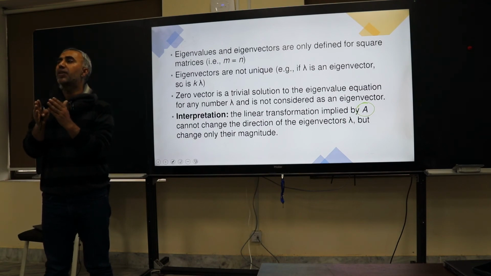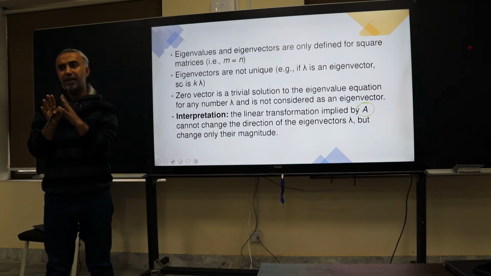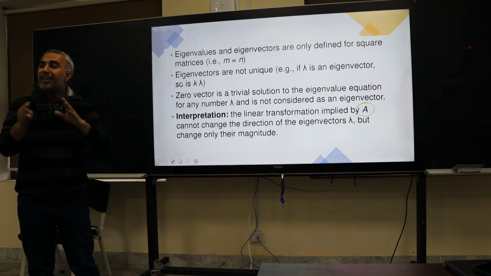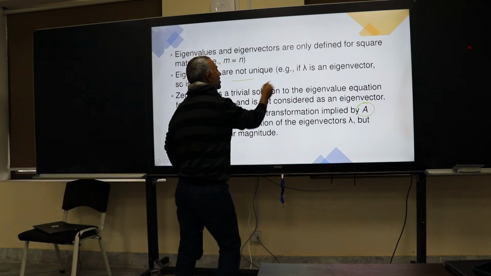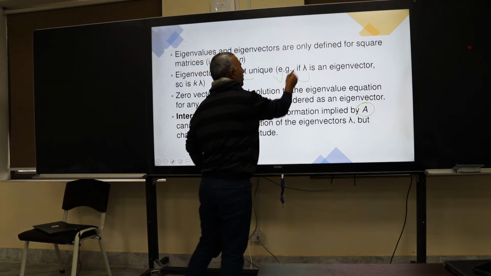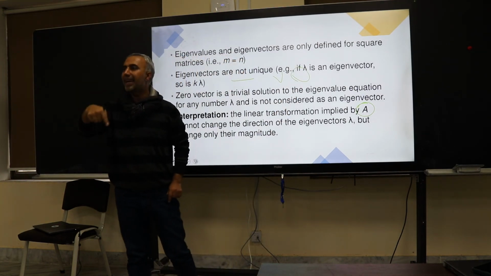The magnitude size can be increased, decreased or reversed, but it will not change the transformation. If it is linear, you cannot say it will become circular. No, it is again linear.